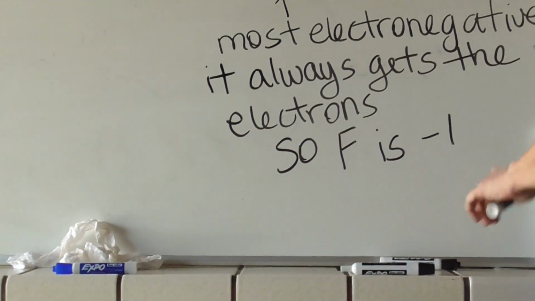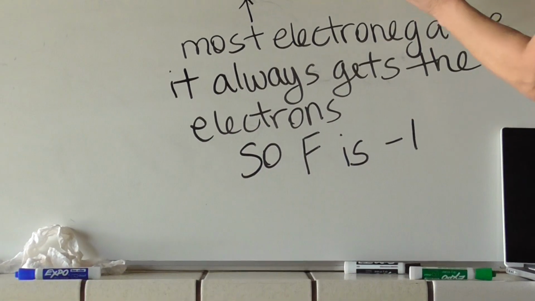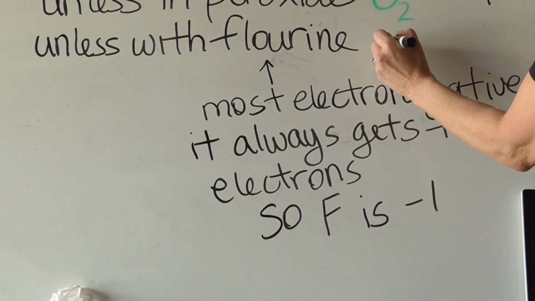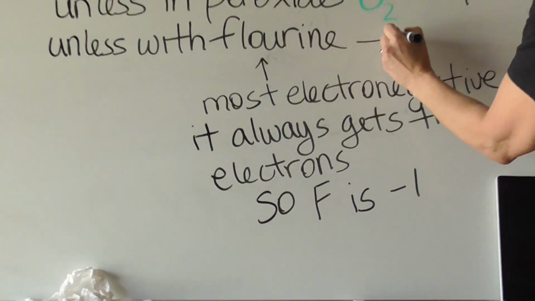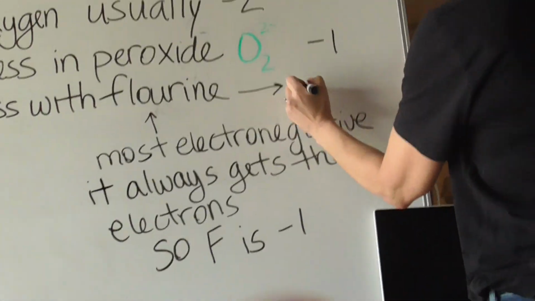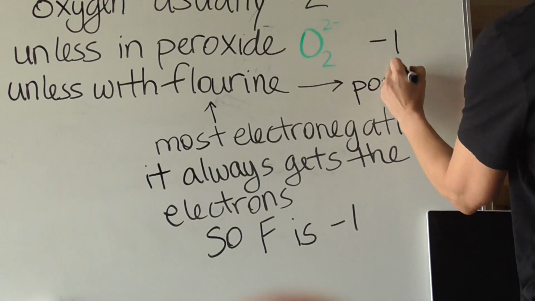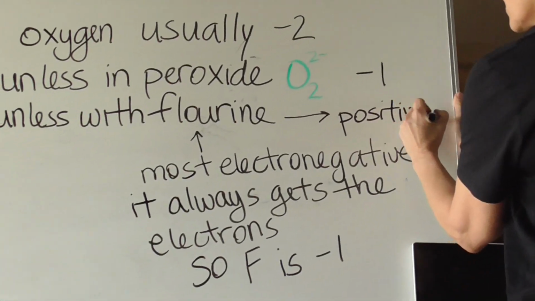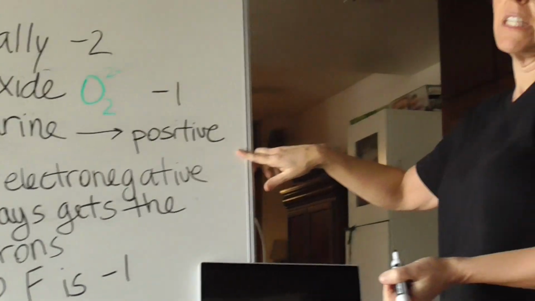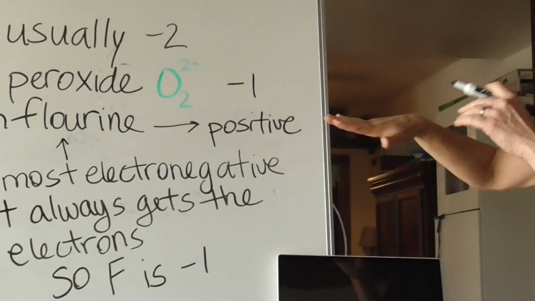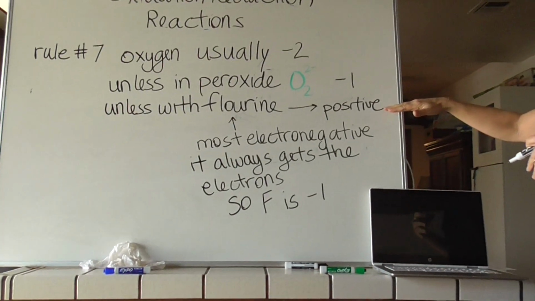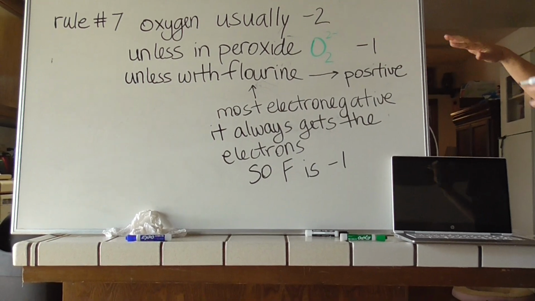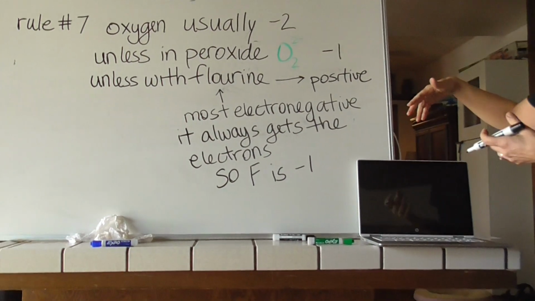So if it's with fluorine, you're going to have some positive oxidation number for oxygen. I'm not going to give that one, but I at least want to point out that it's not like what you're used to doing for ionic compounds.